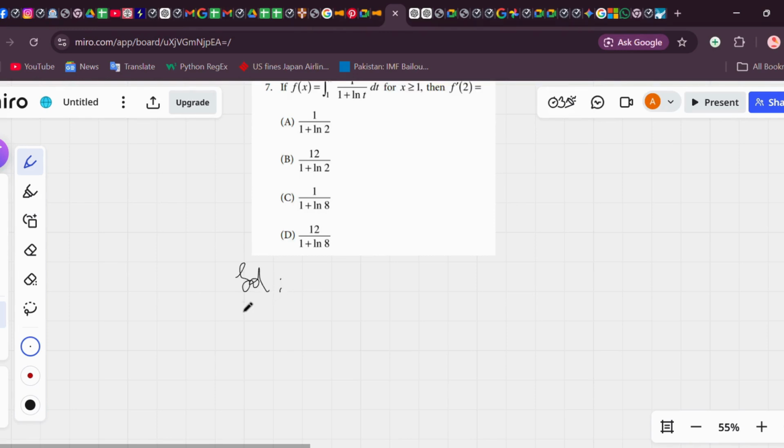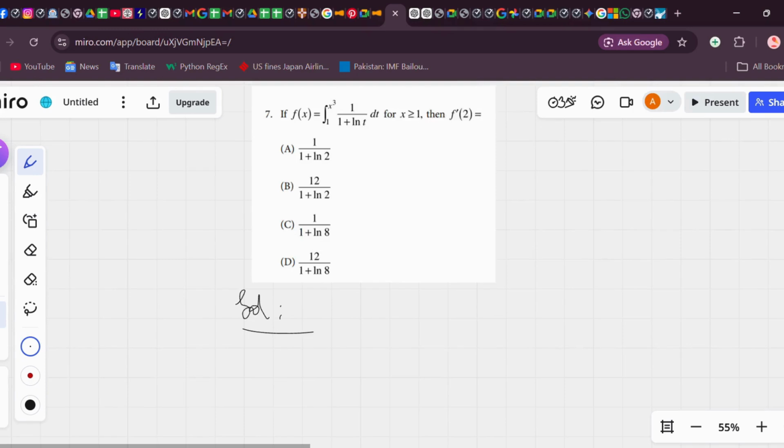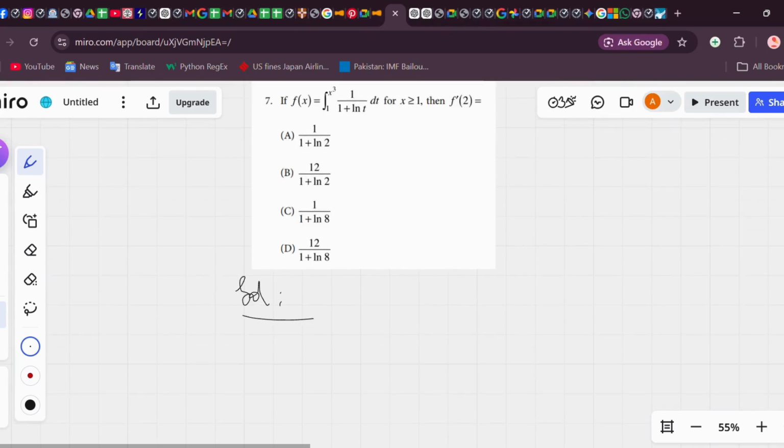We have the equation, which is 1 over 1 plus ln t.